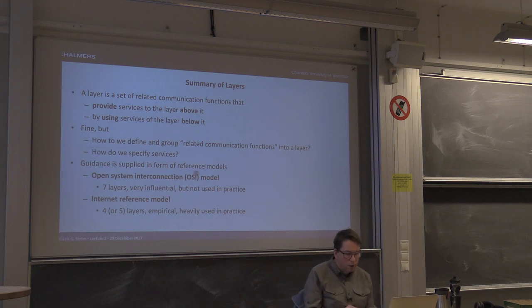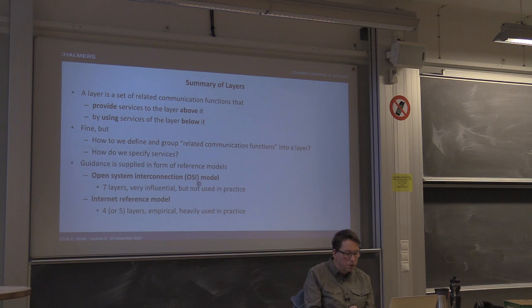There are two reference models which are the most important ones, I would say. One is called the Open System Interconnection Model, or OSI model. It's sometimes called the ISO model also because it's an ISO standard. ISO is a standardization entity.